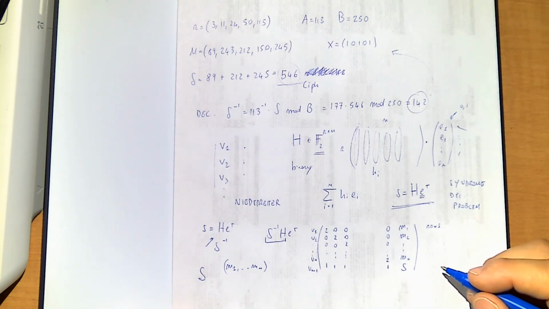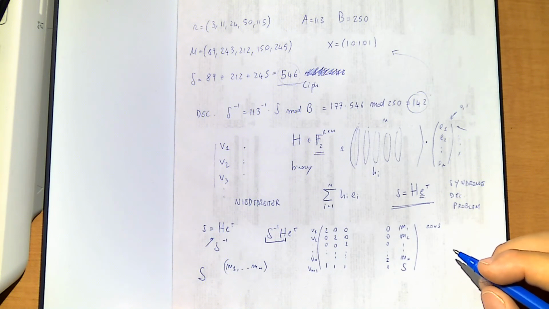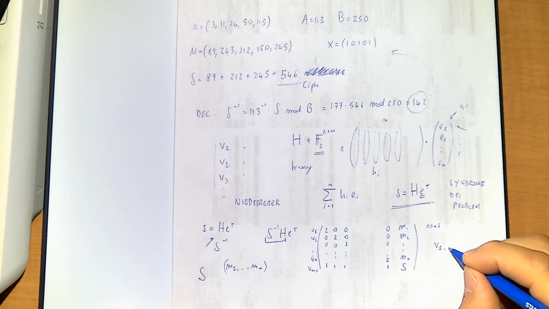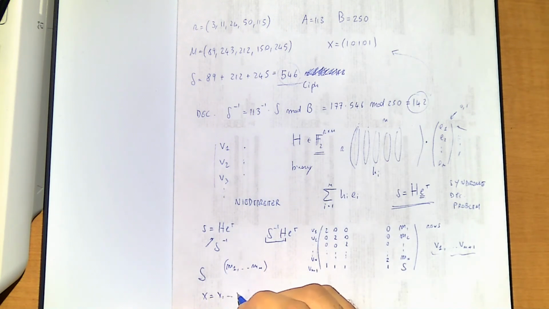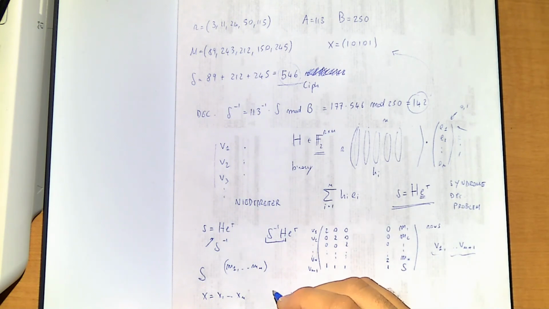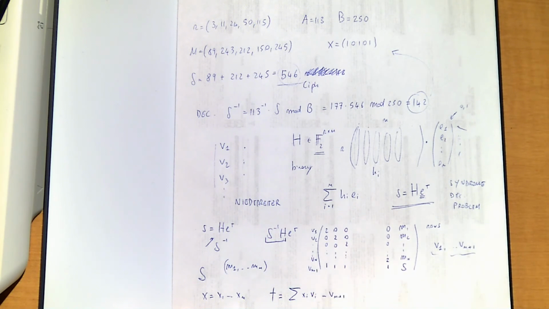So if you take integer combinations of V1 to Vn plus 1, and you take a linear combination of this, it is going to tell you: if x1 to xn is a solution, then T, I write T as the sum of xi Vi minus Vn plus 1.